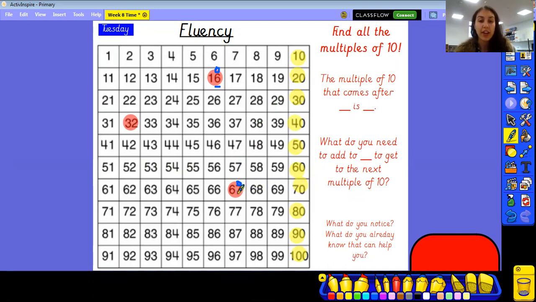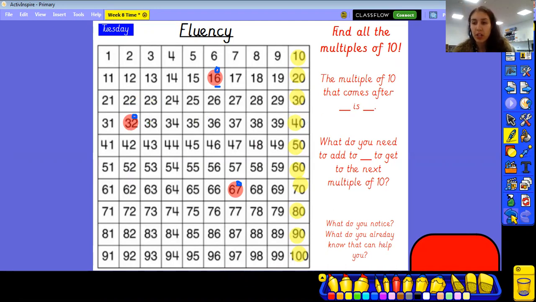And that's because 7 and 3 bond to make 10. So 67 add 3 will bond to make that next whole 10, which is 70. And same here, 32 has 2 ones. So what do I need to bond to 2 to get to my next whole 10? Well, 2 and 8 bond to make 10. So 32 add 8 will bond to complete this 10.